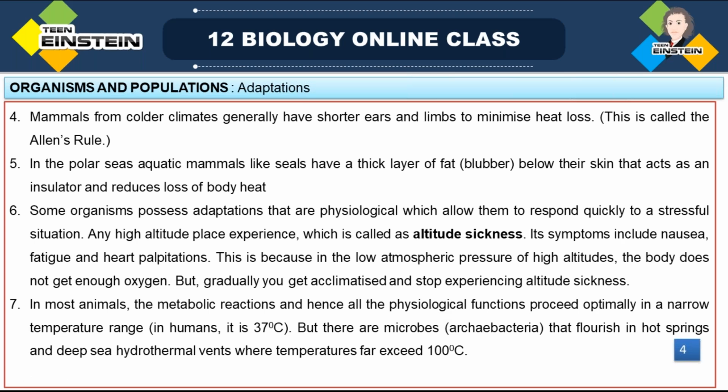Then the next one which we said is metabolic reactions and physiological functions. There is a narrow range of temperature in most animals. But there are some microbes, archaebacteria, that can live in a wide range of temperature, like 100 degrees centigrade.